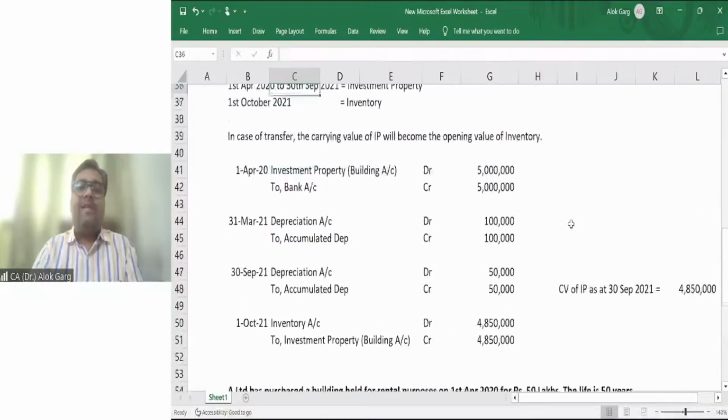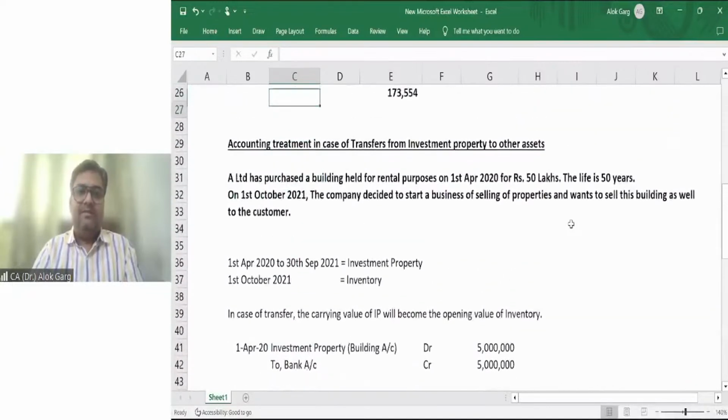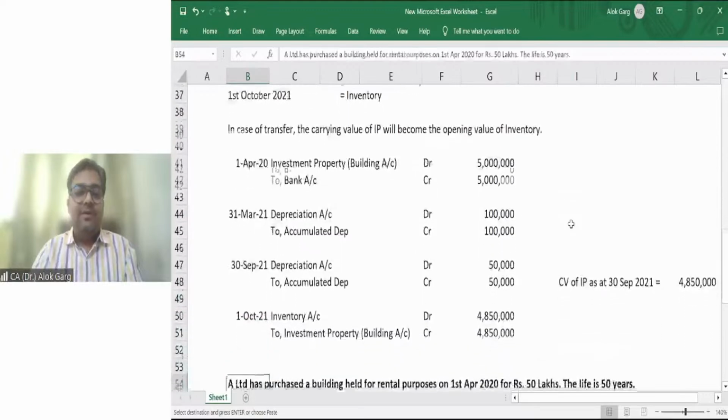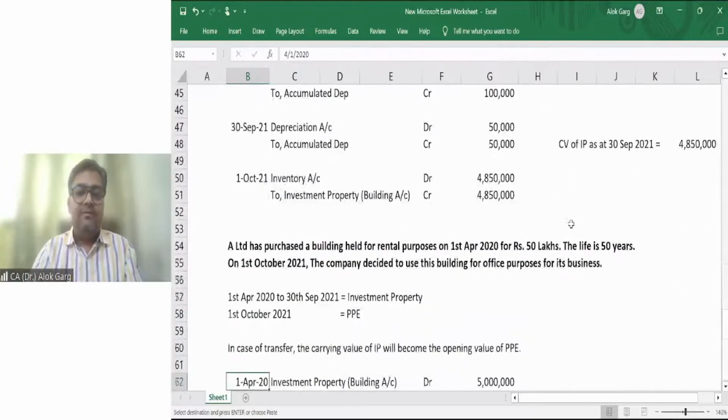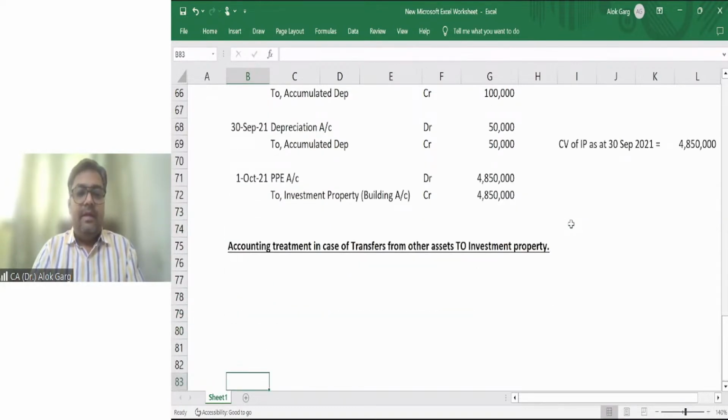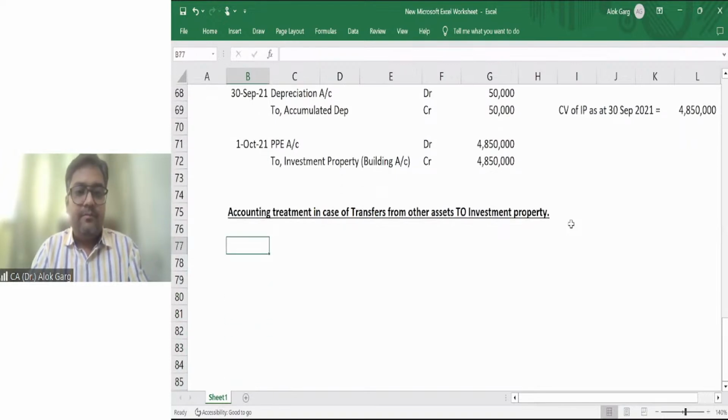Now we will discuss vice versa. Accounting treatment in case of transfer from other assets to investment property, right? Let me give you a thought here.